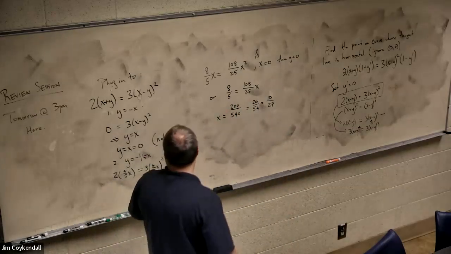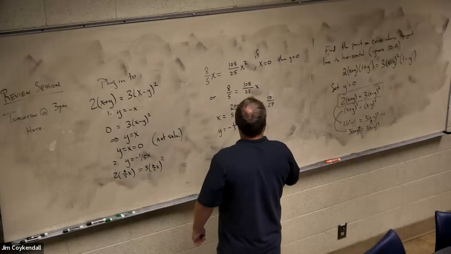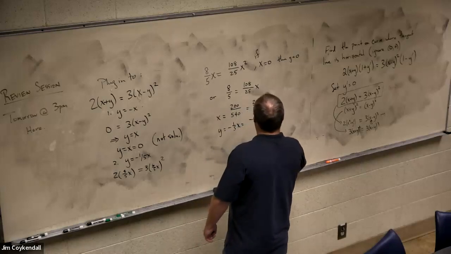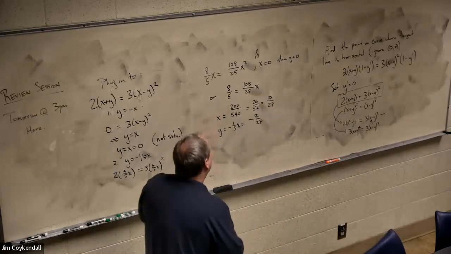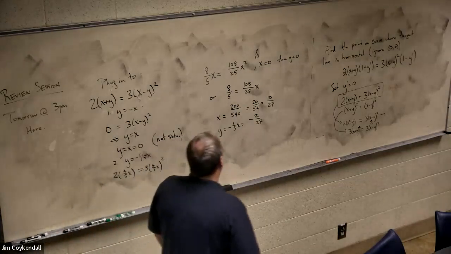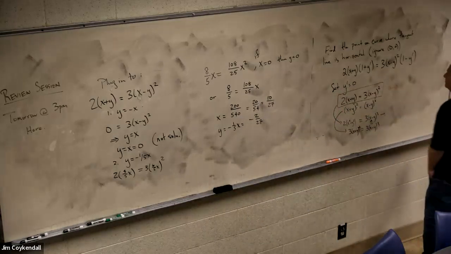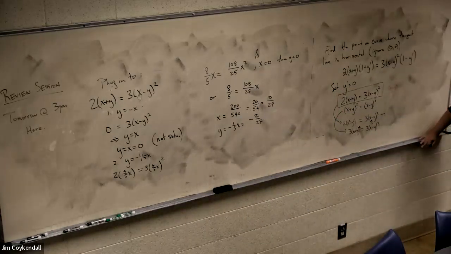So x is 50/27 and y is minus 1/5 x, which is minus 10/27. And actually, if you check that, you'll see that you get 0 slope. Right, so the algebra is difficult on this to get it.